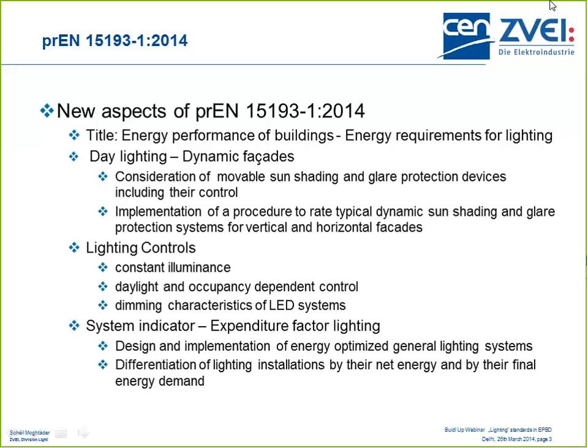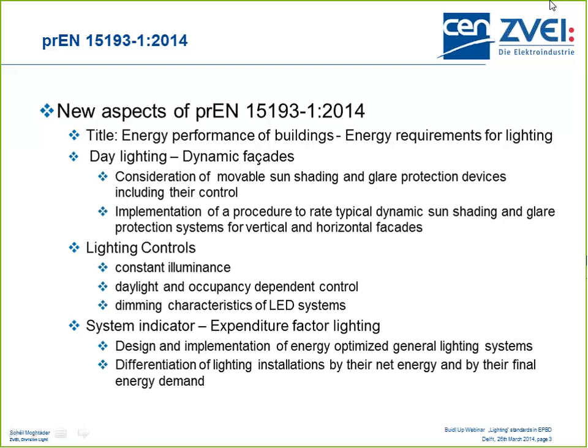And with the lighting controls, we also take into consideration the daylight situation, as I said, and also the occupancy dependent control, because when the room or the zone where the activity is done is not occupied, then there's a good chance to reduce the lighting level and gain some energy, or let's say not spend energy.